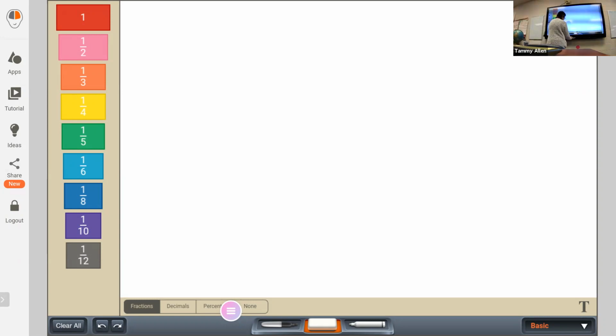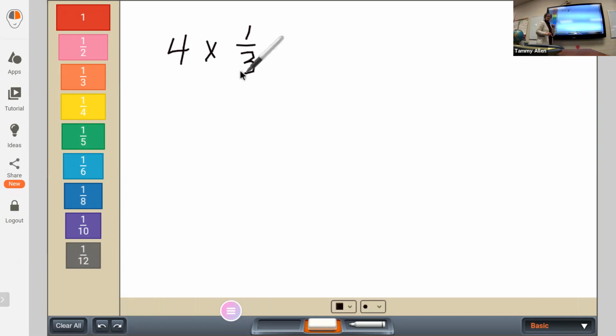Today, we are going to try to do the problem 4 times 1/3. I'm pretty sure I can pull it off. I have confidence in myself, right? I can do it on paper, I can draw these pictures.